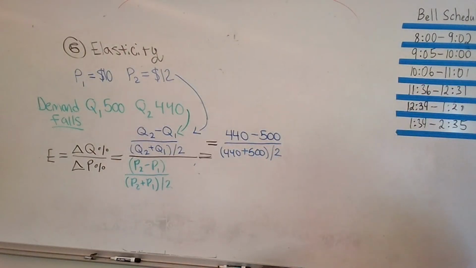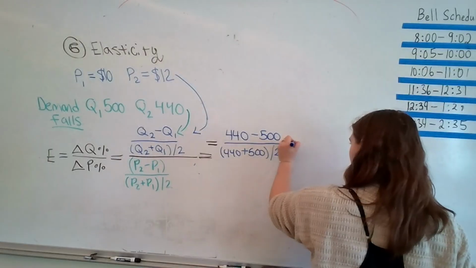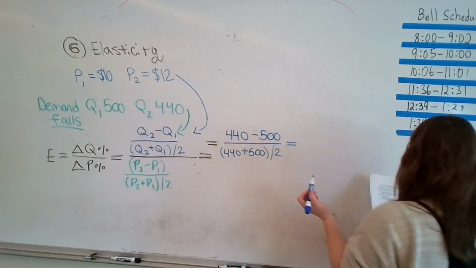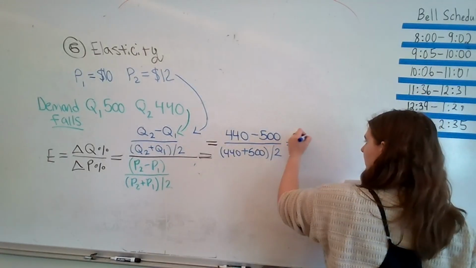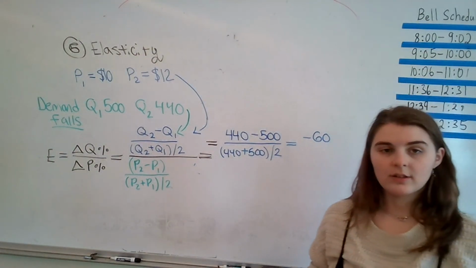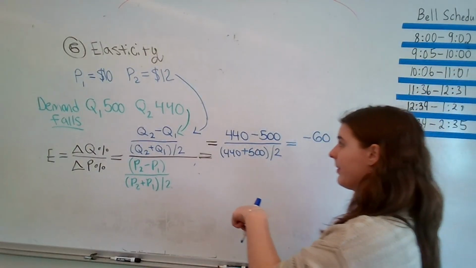Right, we're just focusing on that quantity first. This minus this is going to be a negative, right? Negative 60. Remember, this makes sense because of the law of demand: higher price, fewer people want to consume.